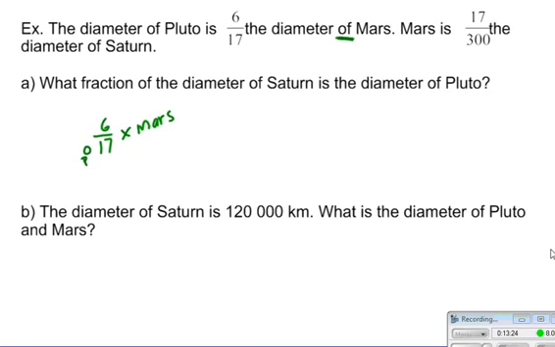Okay, so this is going to be Mars. And Mars is bigger. And the diameter of Mars is 17/300 the diameter of Saturn. So I guess Saturn's going to be blue.